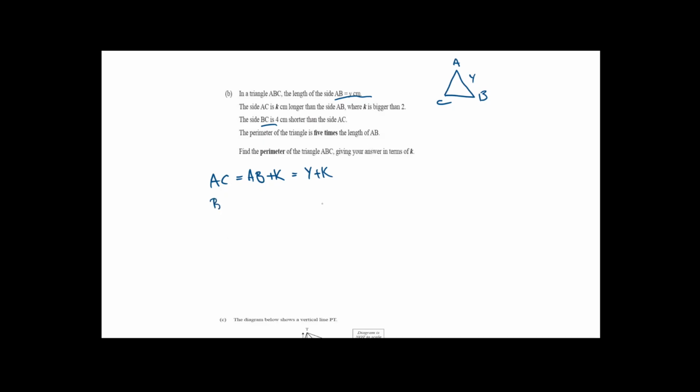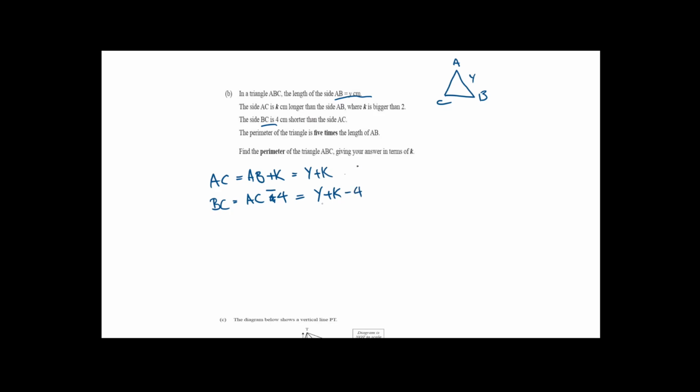So BC is going to be equal to AC plus 4, isn't it? Yes. So if we add 4 to AC, no, we subtract 4 from AC, we're going to get BC. But we know that AC is y plus k. So it's going to be y plus k minus 4.